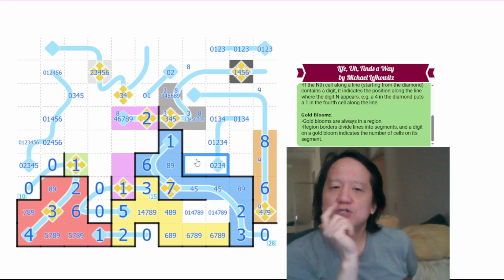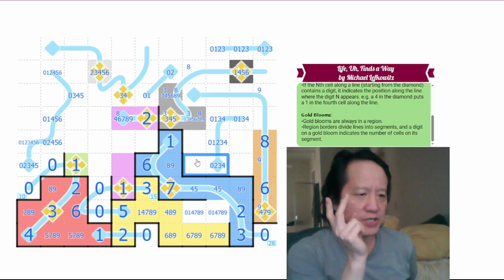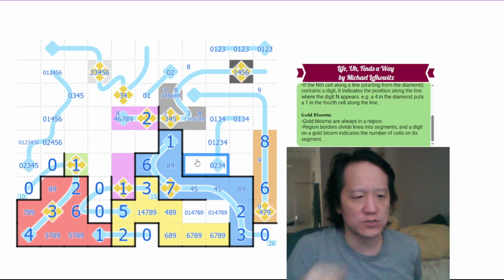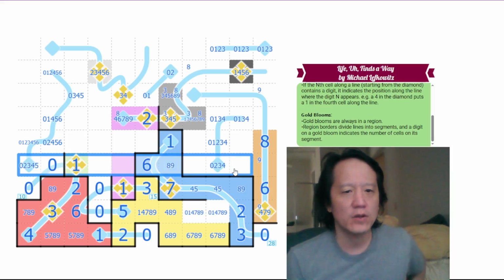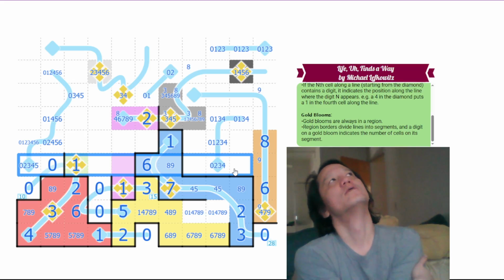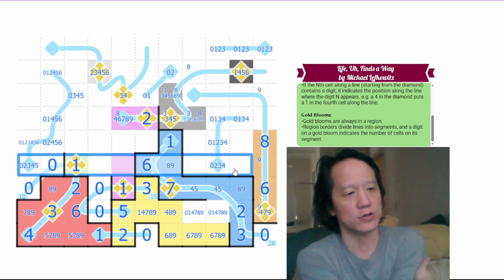Actually, don't we have to be missing exactly 2 cells in every row? I think that's the case, right? If we're not, say we're missing 3 cells in this row, you would have to make it up in another row, right?